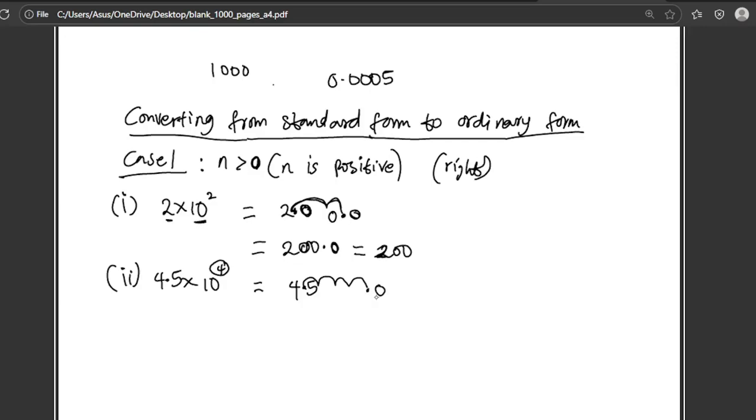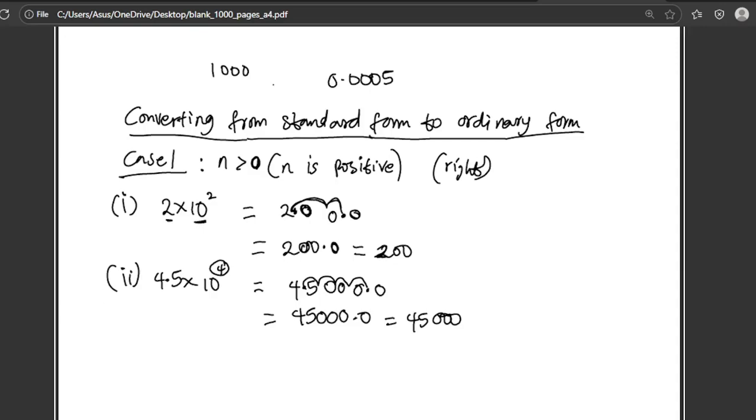Then you have a 0 at the end there. So all empty curves, we put zeros, right? 0, 0, 0. Then you have 4, 5, 0, 0, 0, 0, and that's 45,000. Still we remove the decimal point to the end there, and all those empty curves, we fill with zeros.